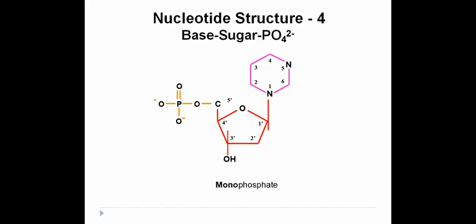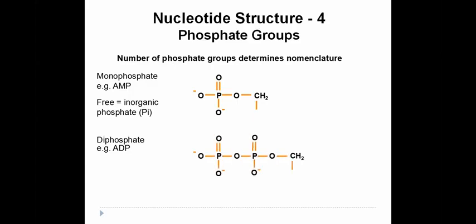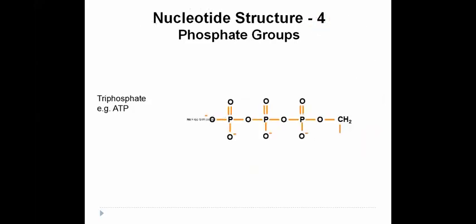This is a monophosphate because there's 1 phosphate group. When we add another phosphate group, we have adenosine monophosphate, an example is AMP. If we have another one, it becomes a diphosphate. If we have another one, it becomes a triphosphate.